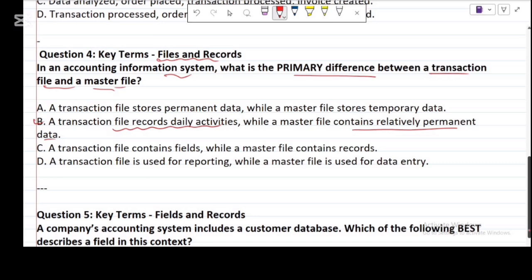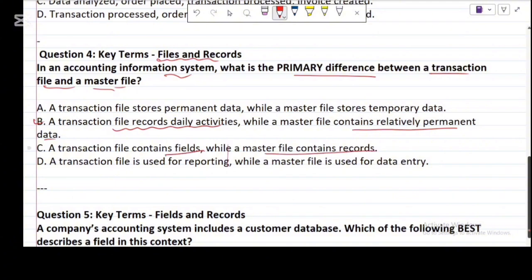If you look at option A, the transaction file stores permanent data, while the master file stores temporary data. This is incorrect, and the reason is the transaction file stores temporary, or you may say short-term data, while the master file stores permanent data. If you see option C, the transaction file contains fields, while the master file contains records.